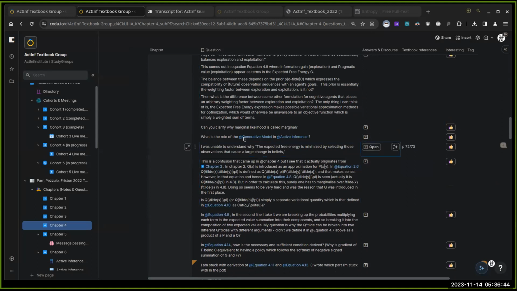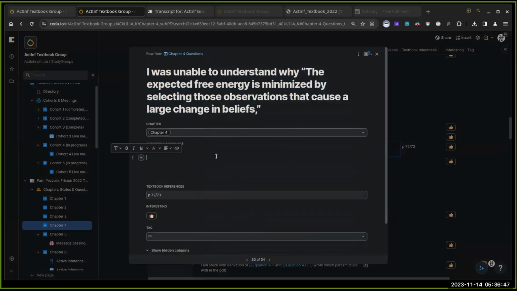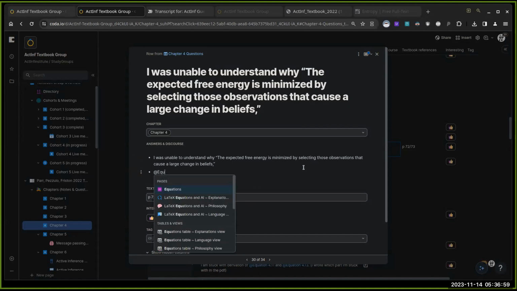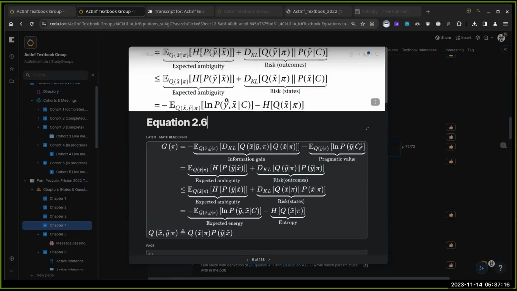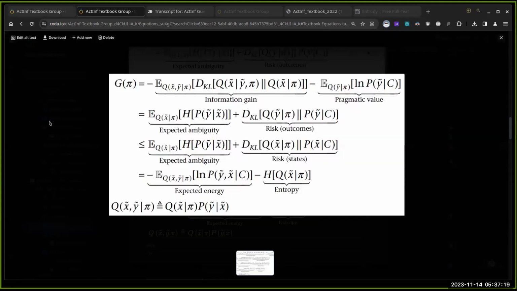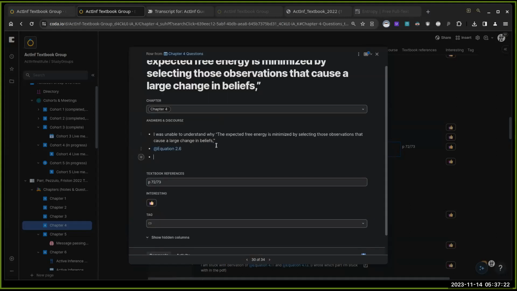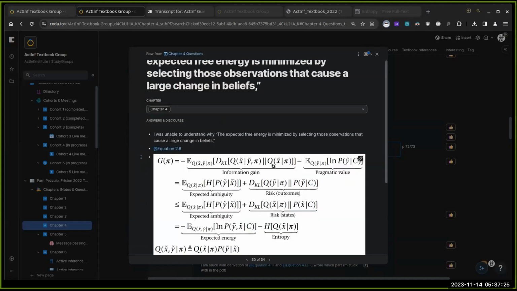Okay. I was unable to understand why the expected free energy is minimized by selecting observations that cause a large change in belief. Does anyone have a thought on this? There's multiple paragraphs about it, but essentially look up epistemic value anywhere in the text. Yeah, that's definitely one aspect of it, which is just equation 2.6: information gain.